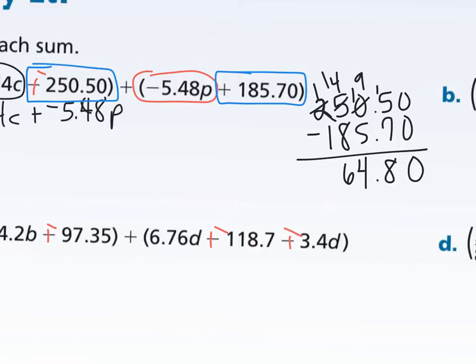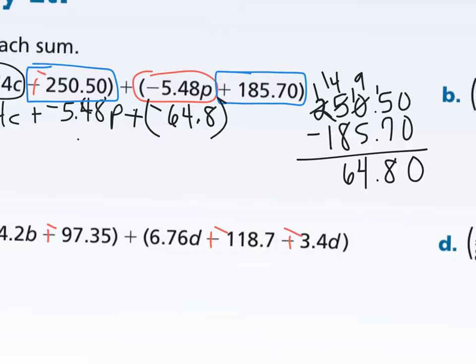And we get 64 and 80 hundredths, or 64 and 8 tenths. We don't really need the 0 at the end. And again, we have more negatives than positives, so we could say plus negative 64 and 8 tenths, or you could say minus 64 and 8 tenths, however you want to do that.